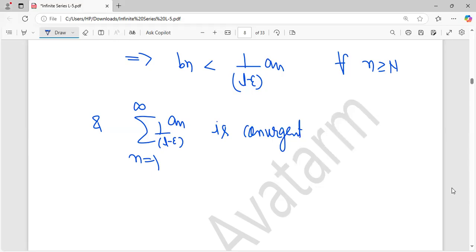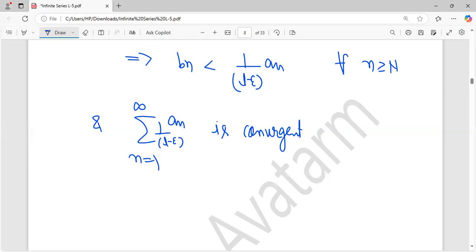If you have a convergent series and you add or subtract a finite number of terms, it remains convergent. The same thing is true for a divergent series: if you add a finite number of terms to a divergent series, it will remain divergent.